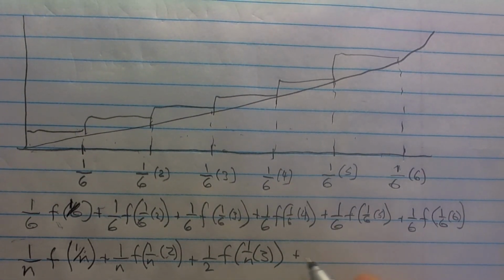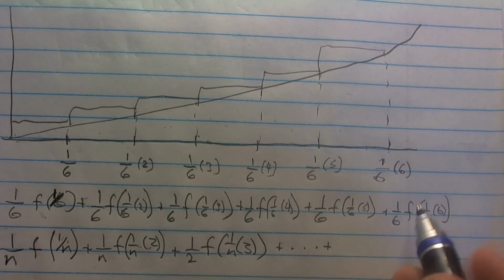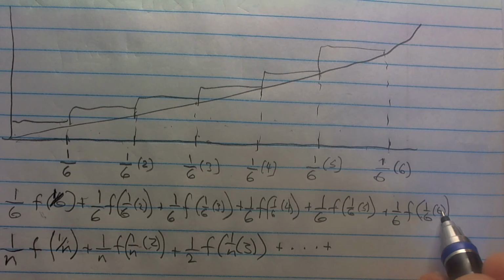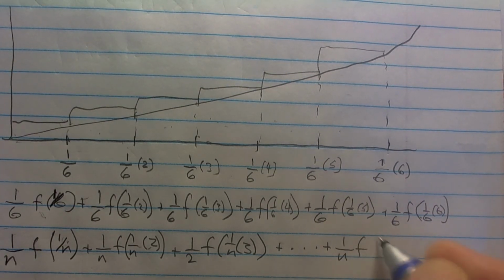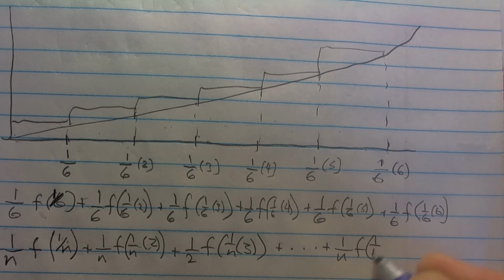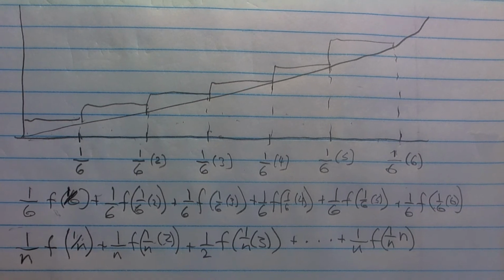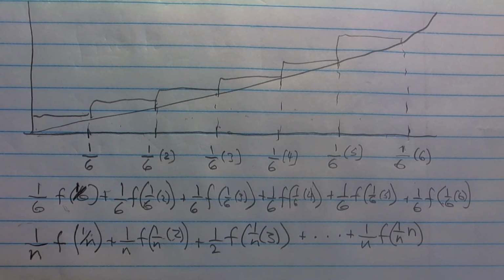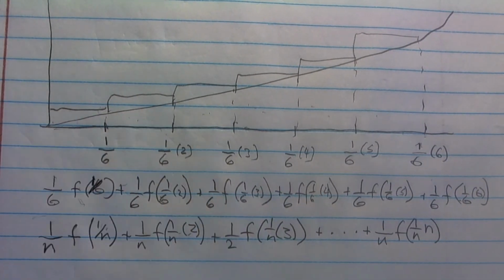Now, plus, I don't know how many rectangles, I know there are n of them. So I go all the way to the end. My very last rectangle is not 1/6 f of 1/6 times 6. It's 1/n f of 1/n times n. That's my last rectangle. So I'm just generalizing, I'm just setting this up.